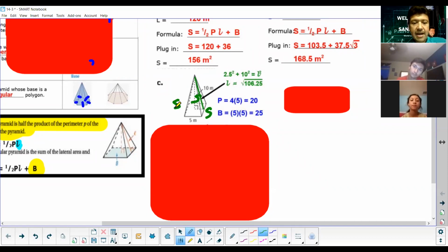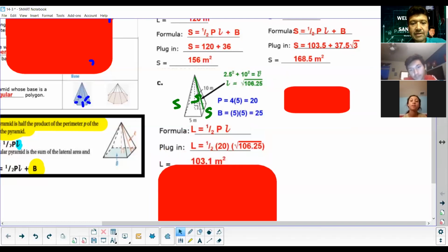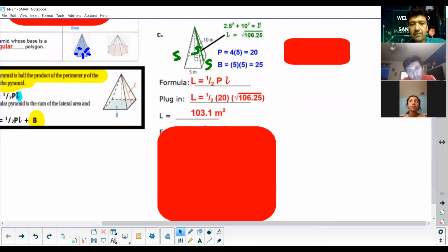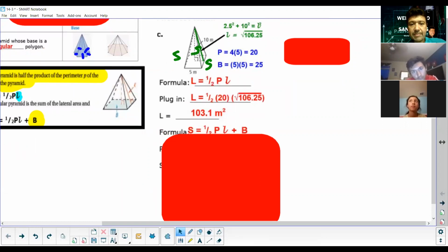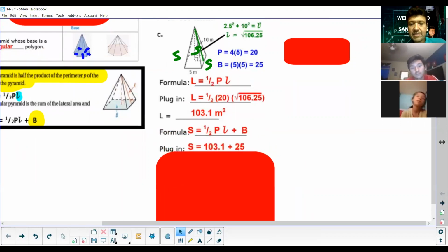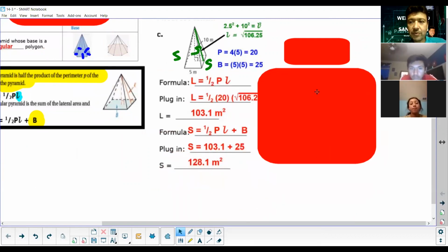And since you already discovered the length, you're finding the product of them. So 1/2 of 20 times that amount, and we get 103.5. To find total, we're just going to add the base, right, Marcus? So we're just going to add the B to there. You discover the 25 added to it, so you get the 128.1.